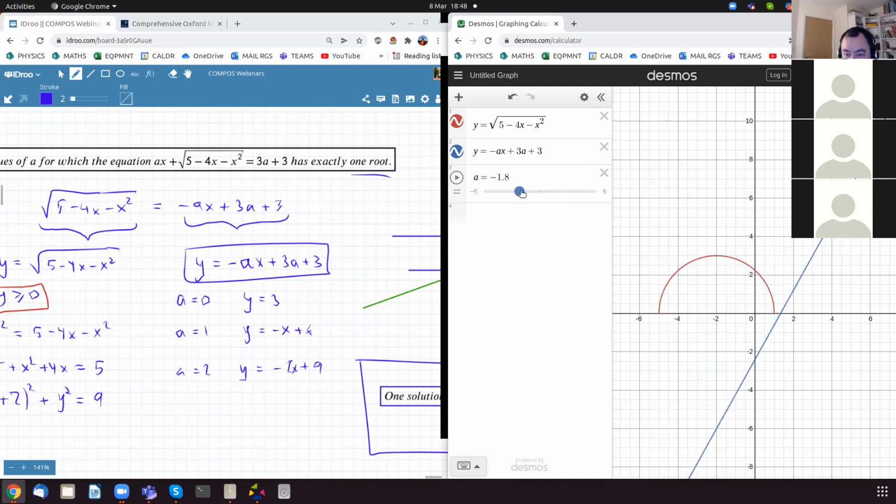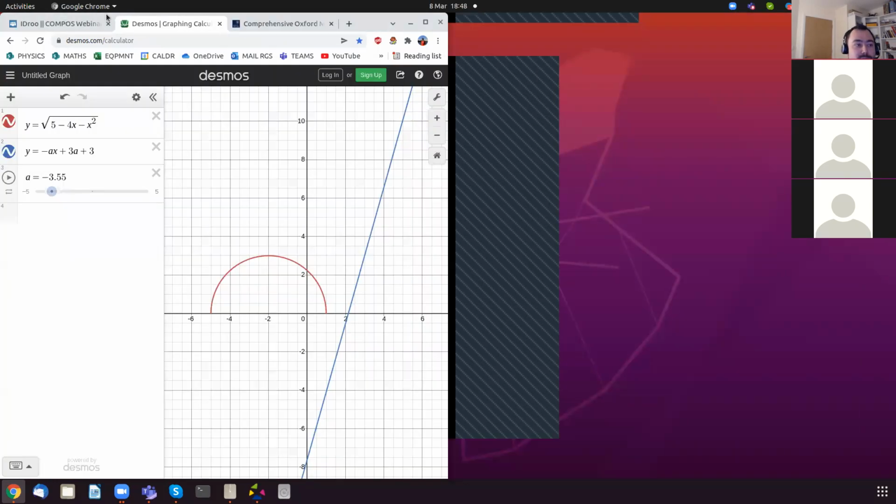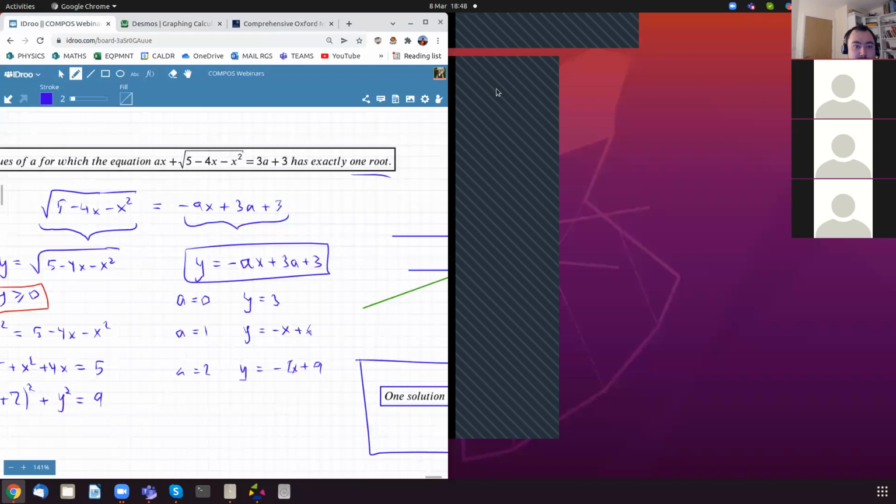Still one solution. And then 0 solutions. So you can see how the line changes when a changes, and you need 2 points of intersection, 1 point of intersection.